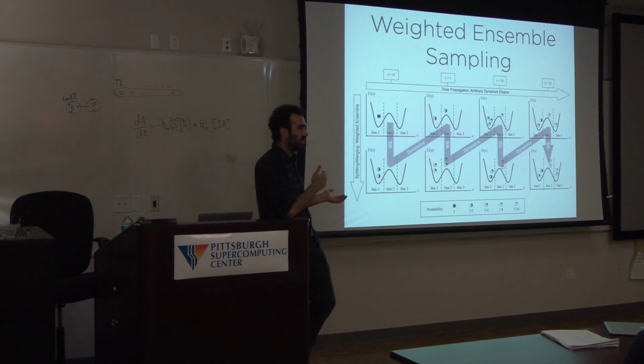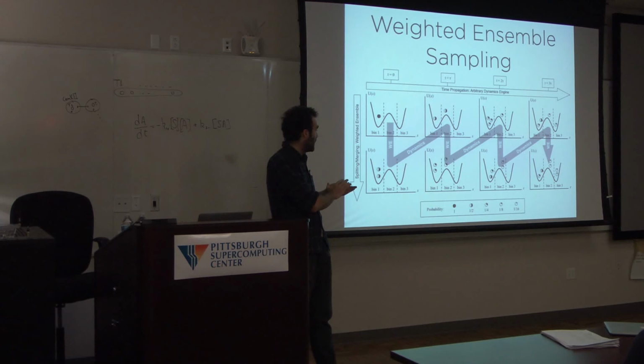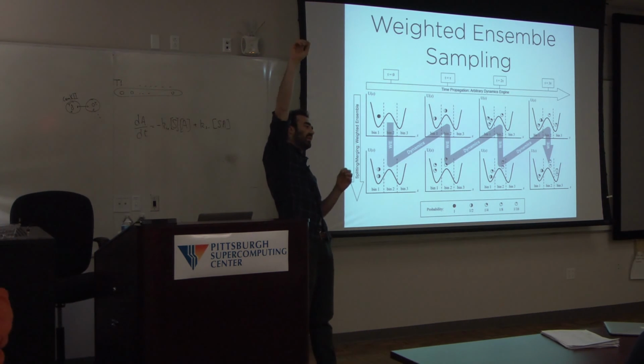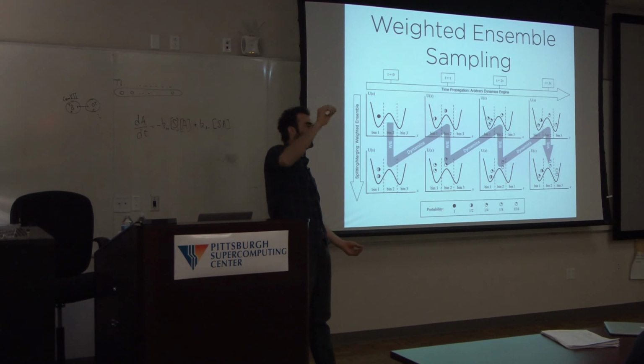So that's one origin. If you have a spatial simulation and you have to diffuse around, then diffusion can take a long time, and it'll be very, very unlikely that if you start up here, you're down here in a short time. So that can be a rare process.